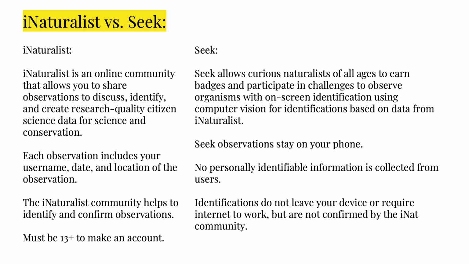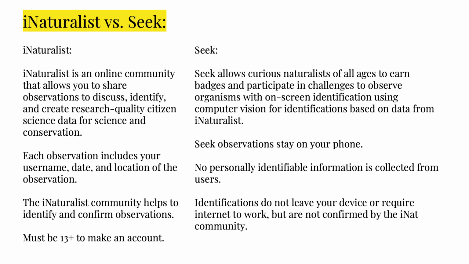But the point of this website and app is to be part of this community of naturalists. But you can do that. When you make an observation, you can make it private. You can make the location obscured, which is a good thing for vulnerable plants or animals.